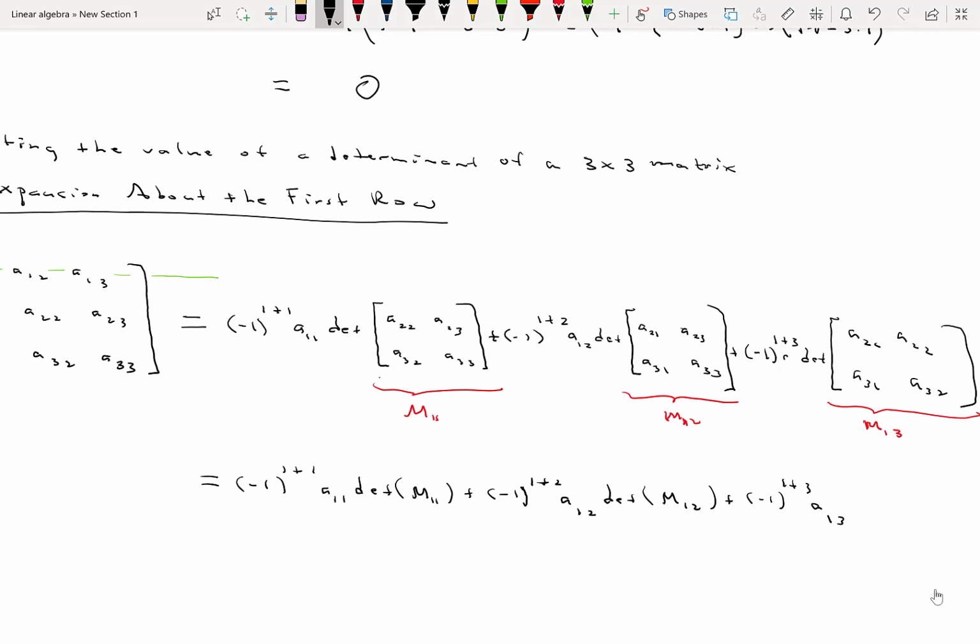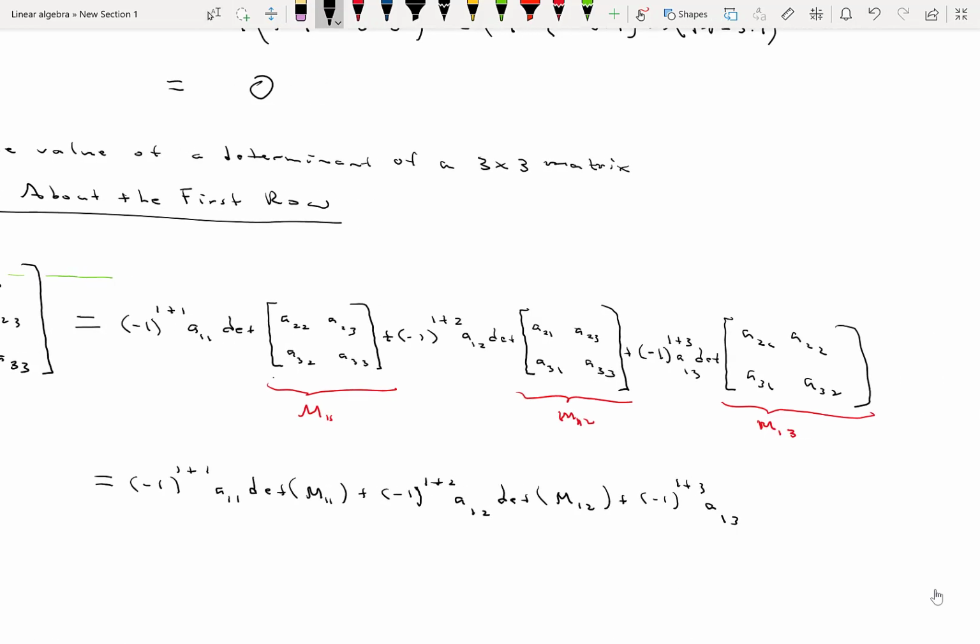I forgot the A13. Hope I didn't drive you crazy before finding that. Times the determinant of M13.